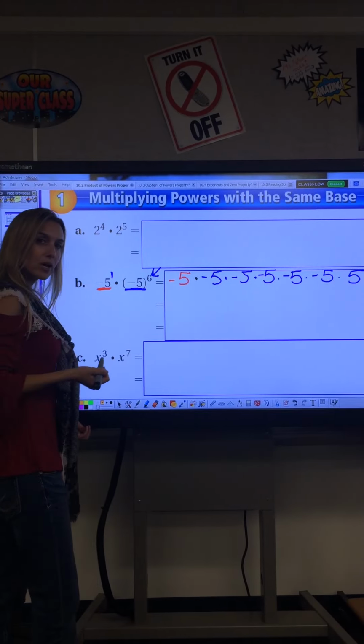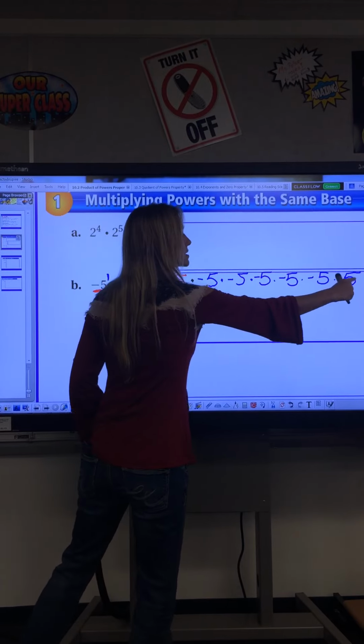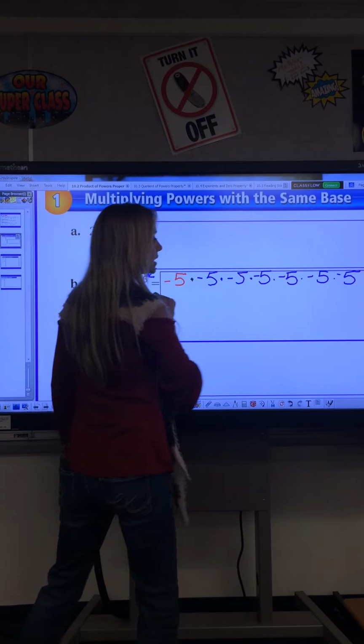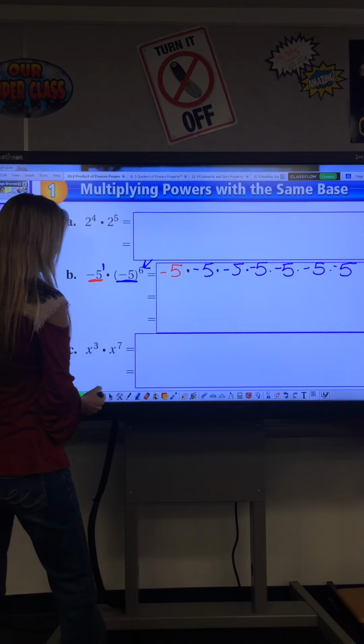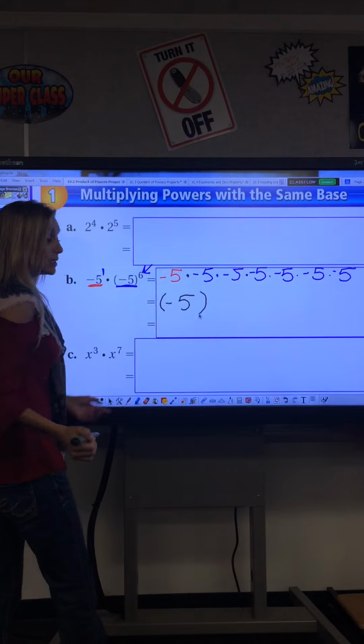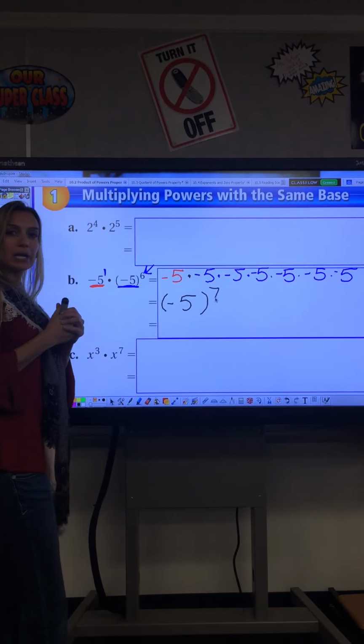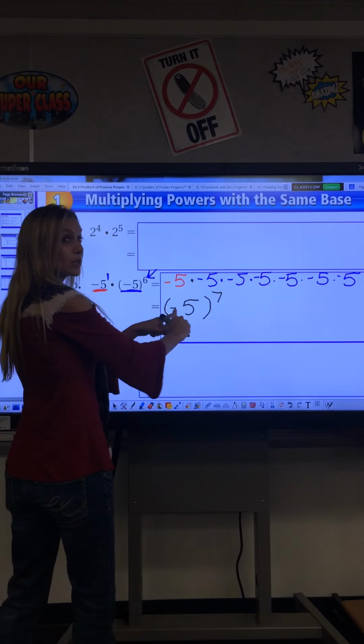Well, how many negative 5's do I have? 1, 2, 3, 4, 5, 6, 7 negative 5's. So I have negative 5, and I'm putting it in parentheses, raised to the 7th power, right? So how many negative 5's do I have? 7 of them.